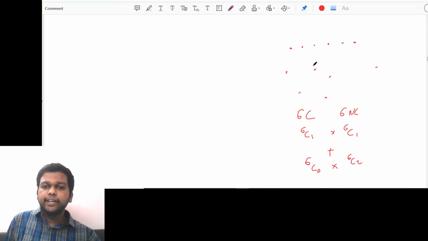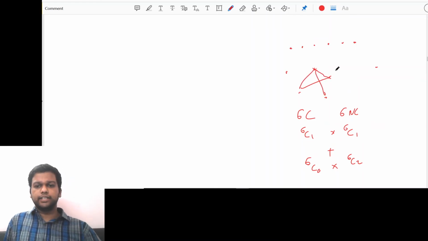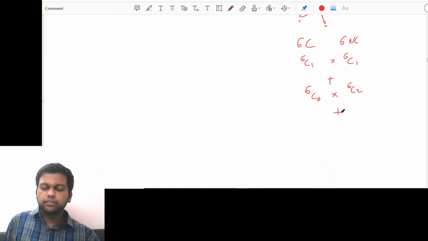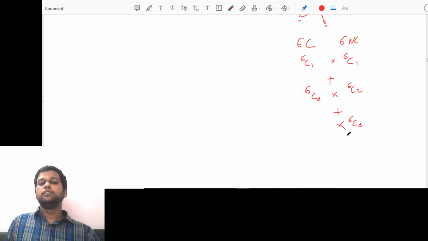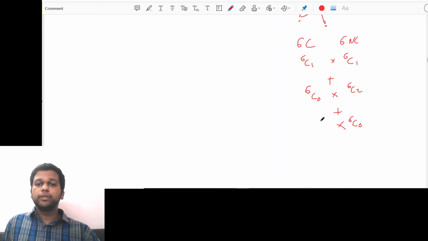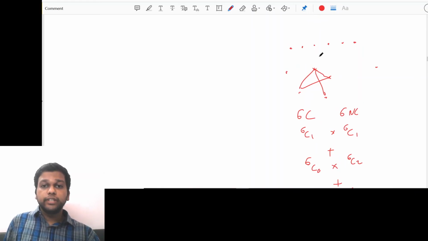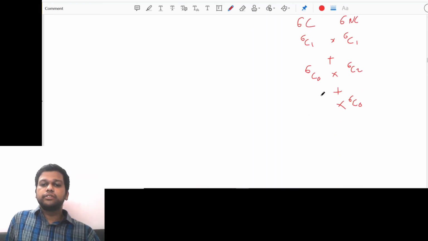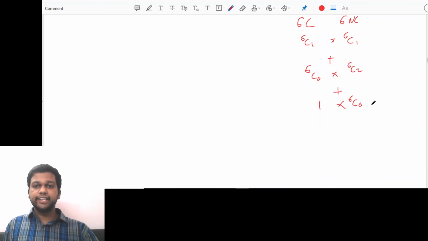So we can select any two non-collinear points and we can get a line like this. Or we will not select any non-collinear point, but now this will not be 6C2, because from these collinear points there can only be one line like this, right? So this will just be 1, nothing else.